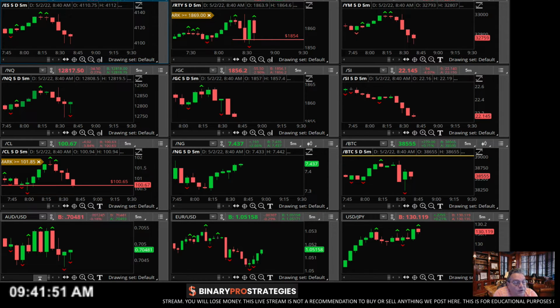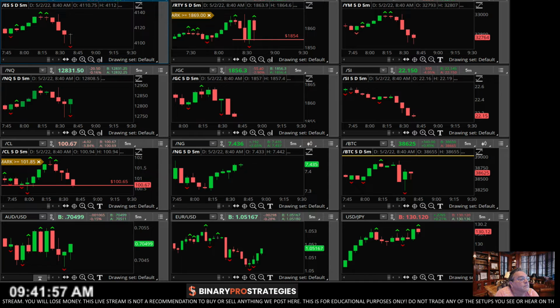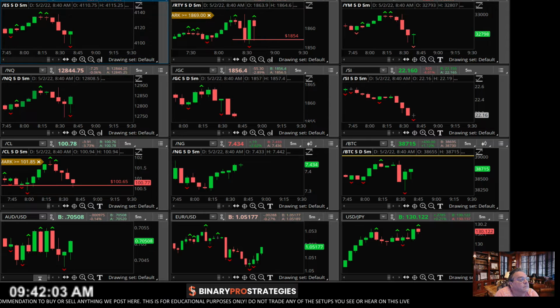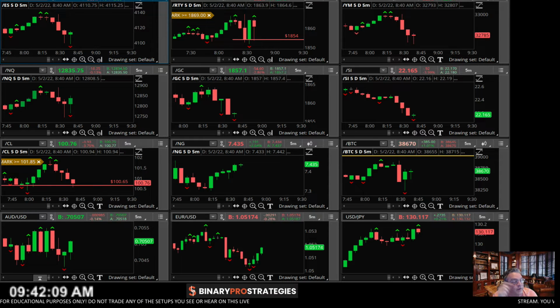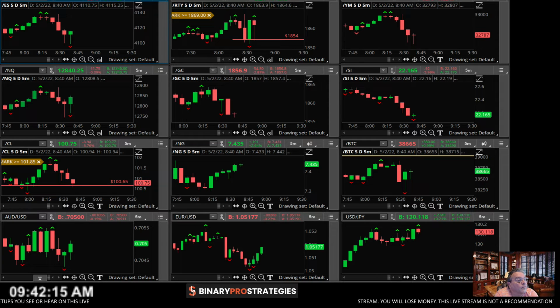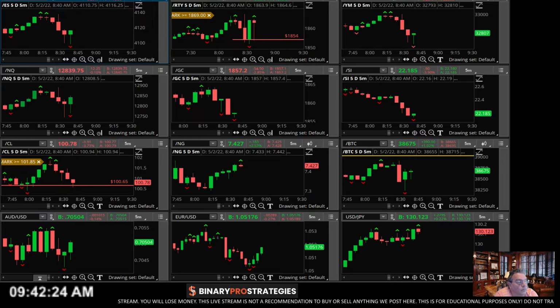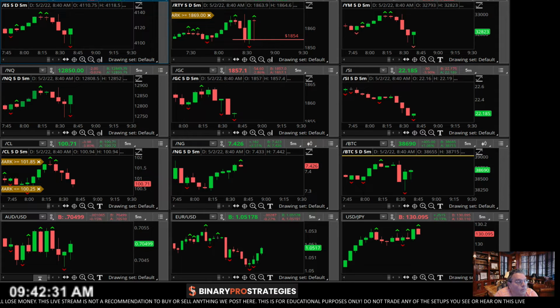Do like this pattern setting up for crude. Target on crude is going to bring us down to 125. Reversal on crude is going to be 101.45.